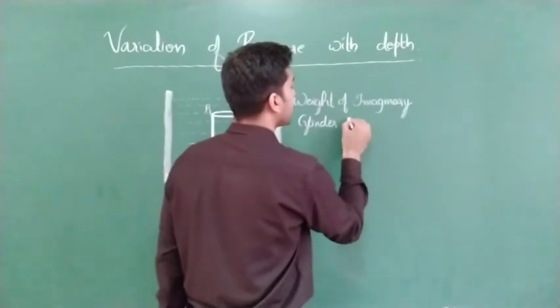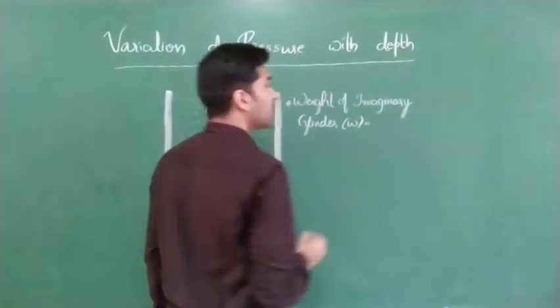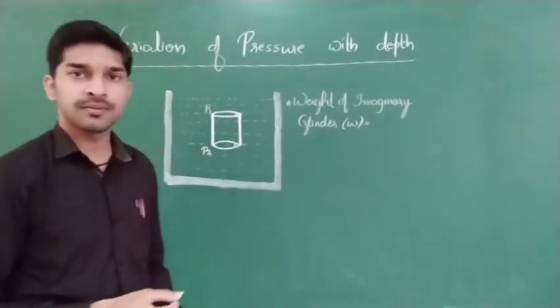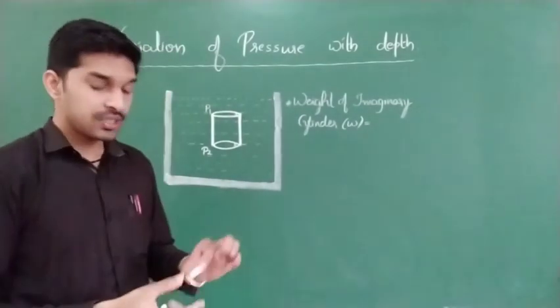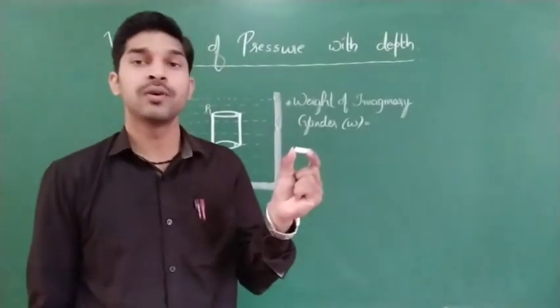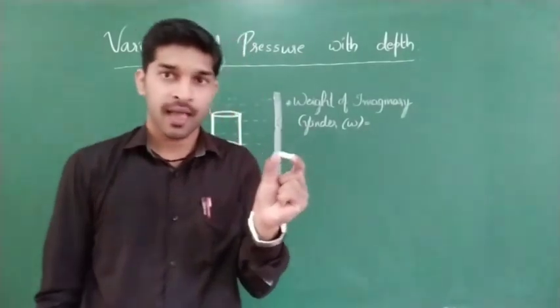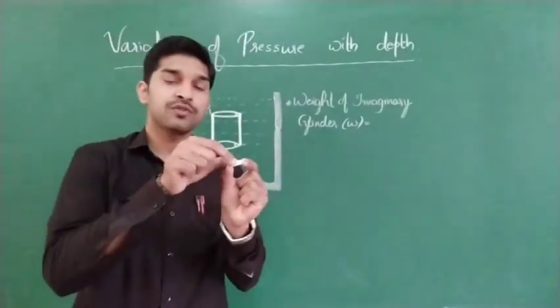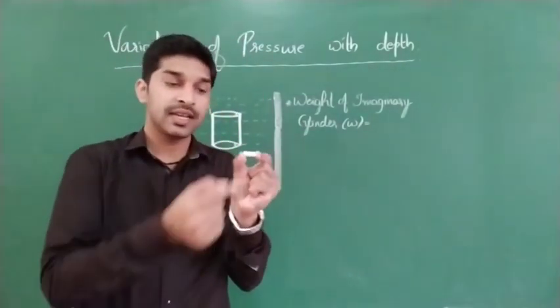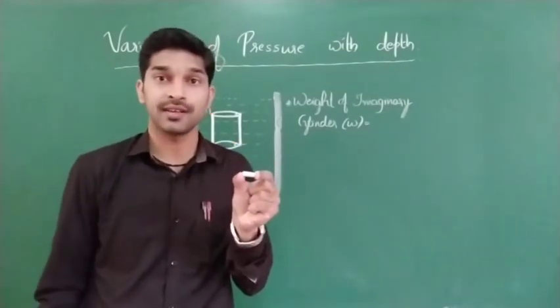Let us give the name W to the weight of the imaginary cylinder. And what do we know as weight actually? Imagine this chalk piece has a mass m. We don't know the value, but it has a mass m, and the weight of this object acts in the downward direction due to acceleration due to gravity.